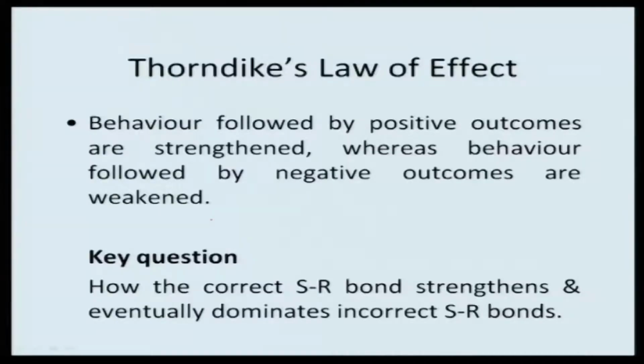But what was being demonstrated basically was that behavior follows a positive outcome, and behavior that is followed by positive outcomes is strengthened, whereas behavior which is followed by a negative outcome is not strengthened.